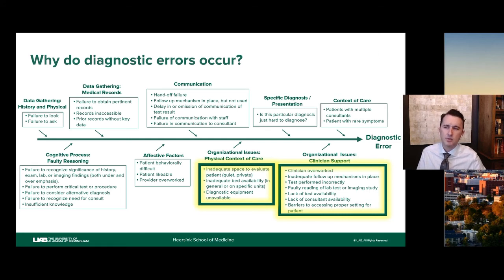Another example is our inadequate follow-up mechanisms for pending pathology. Our post-discharge messaging system has gotten better, but for patients in whom I have a high suspicion for cancer, I'll set some de-identified reminders in my phone to follow up on it in a few days to make sure that doesn't fall through the cracks.